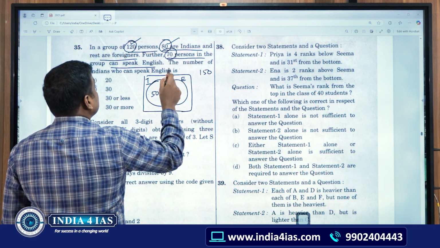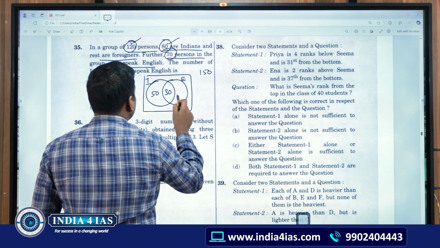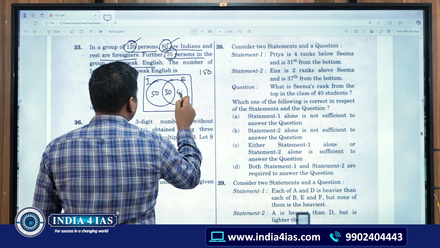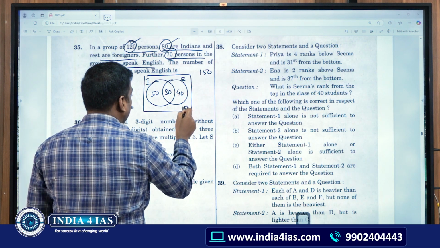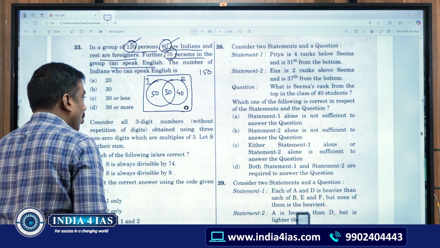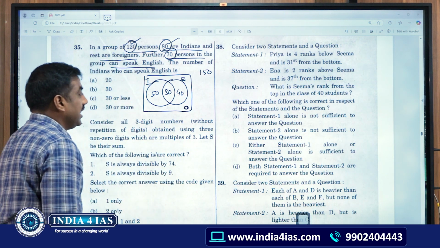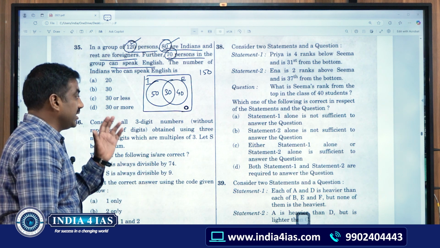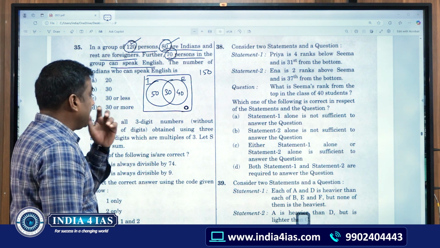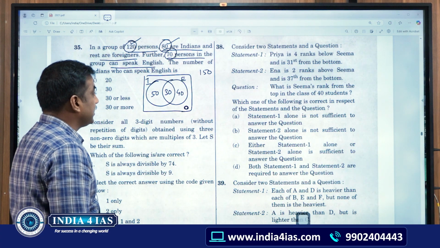Then 70% can speak English, so in that, 30 are marked, 40 more. Here we are taking the people who are neither Indians nor can speak English as 0.